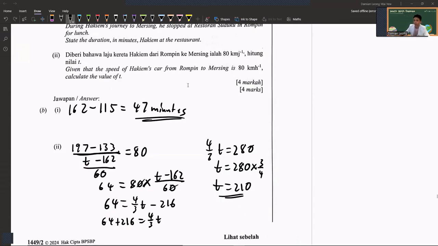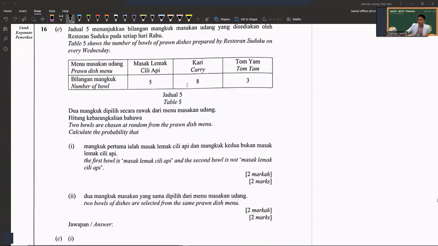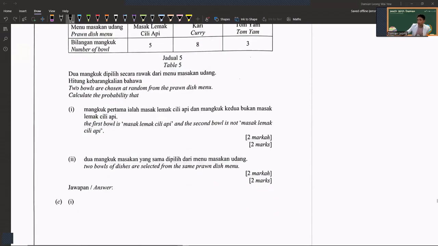That's part B. Part C. I have the number of bowls of prawn dishes prepared by restaurant Sudoku on every Wednesday. 2 bowls are chosen at random from the prawn dish menu. Calculate the probability that the first bowl is masak lemak cili api and the second bowl is not masak lemak cili api.